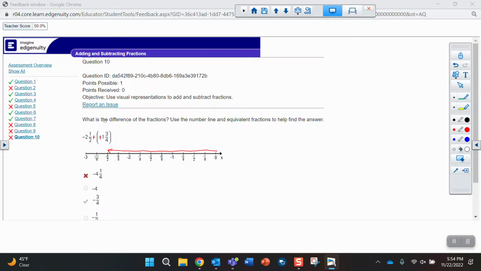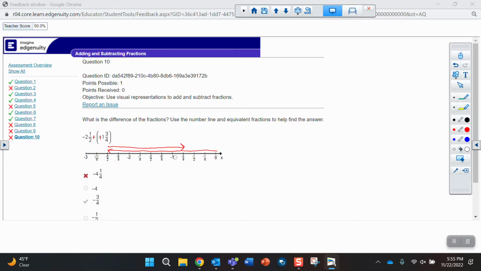So that means we're going back 1 3/4 to the right, because it's now a positive. Negative numbers go left, positive numbers go right. What is this going by, quarters? Yeah. There's 1/4, 2/4, 3/4, there's the whole. And then 1, 2, 3. We end up right there at -3/4.